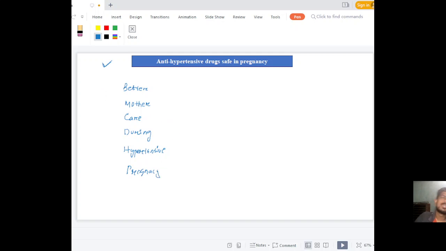Remember this mnemonic. Now I am telling the drug names. B for beta blocker, selective beta 1 blocker, the atenolol class of drugs. M for methyldopa, alpha methyldopa, we can precisely call it alpha methyldopa. C for clonidine.